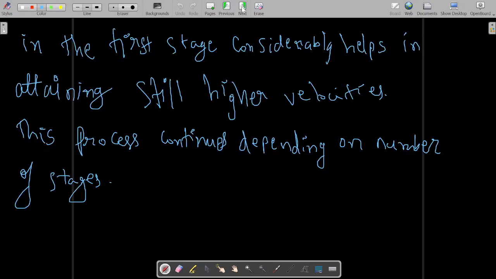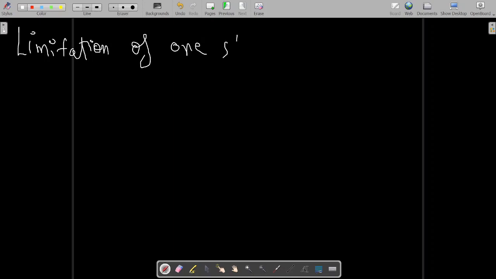Limitation of 1-stage rocket. Now let us write the limitation of 1-stage rocket. Velocity attained by a rocket when gravity is neglected. How is it given?